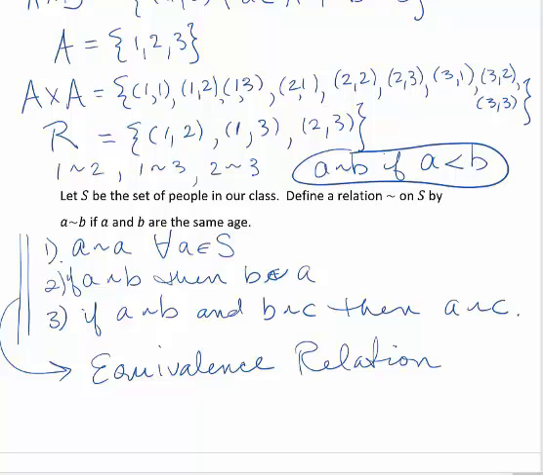And number 3, if A is related to B and B is related to C, well, then A is related to C. If A is less than B and B is less than C, then A is less than C. But this is the only property of the 3 that the first relation we gave satisfies. But the second one is called an equivalence relation.